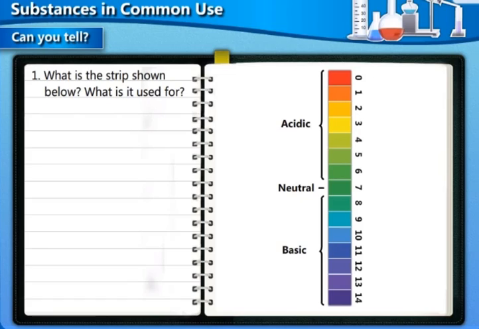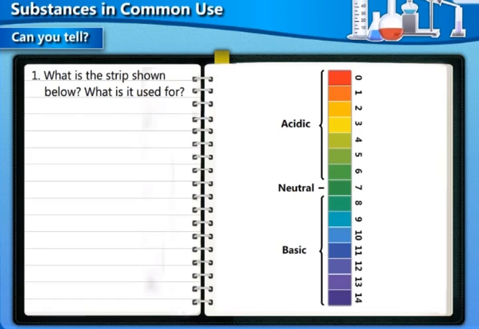We learned about this in chapter number 5, acids, bases, and salts. This was the pH scale, starting from 0 to 14. I hope you remember chapter number 5, which was taught to you in the first semester.